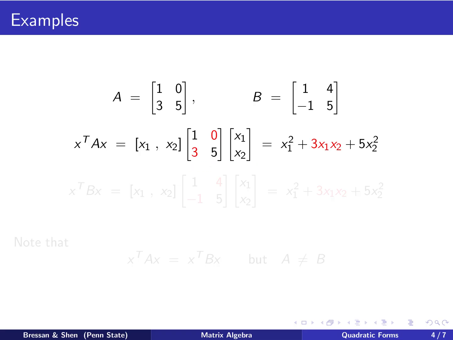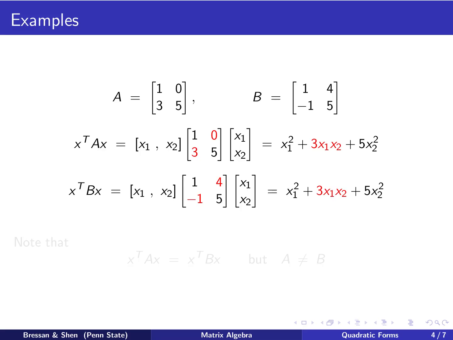And if you work out all the terms of the two multiplications, you will get this expression: x1 squared plus 3x1x2 plus 5x2 squared. In particular, the term 3x1x2 actually comes from two terms in the product. One is the product of 3 with x1x2, and the other is 0 with x1 and x2, and you add them up and you get 3x1x2.